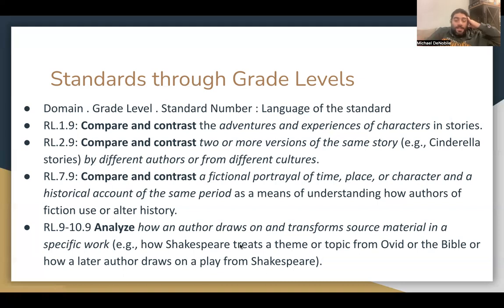So even though the standard does not say compare and contrast, we could interpret it to say that we're going to analyze how an author draws on or transforms source material by comparing and contrasting the source material to the final product. So compare and contrast Shakespeare with Ovid or the Bible.